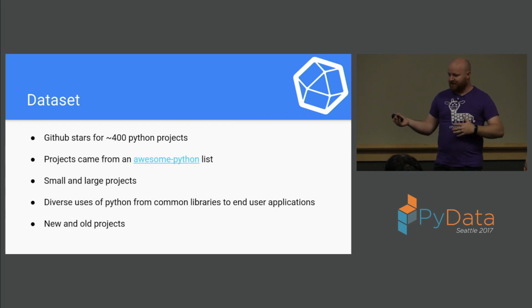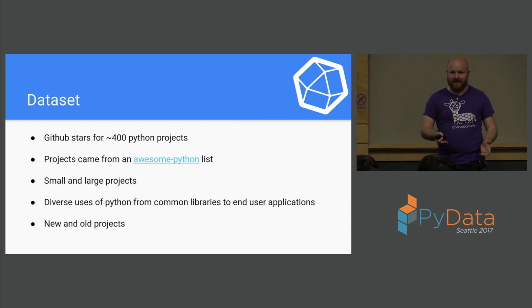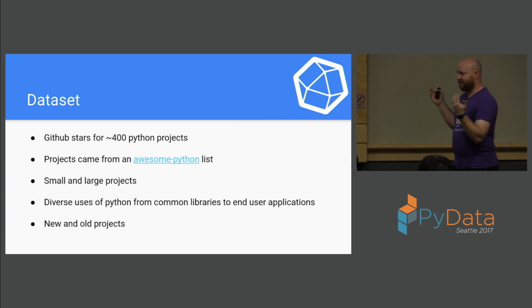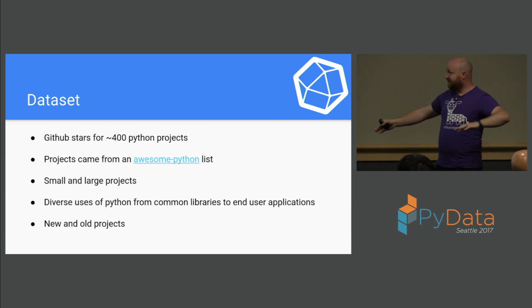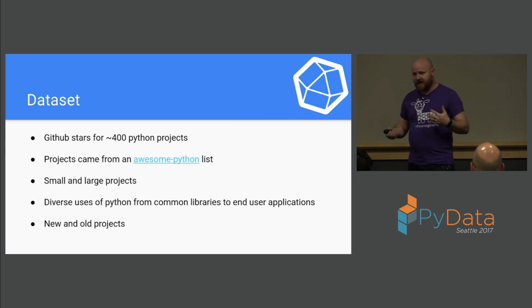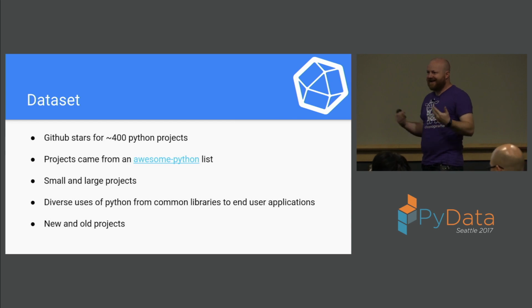These projects also range across very different use cases. Some of them are really simple, like CLI tools that have nothing to do with data science, and they just happen to be written in Python. And then some of them are SciPy, NumPy, and other important Python projects. So they're very, very diverse. My point in pointing out this diversity is that you can expect different growth patterns. The time series growth on each of these projects is not going to be the same.